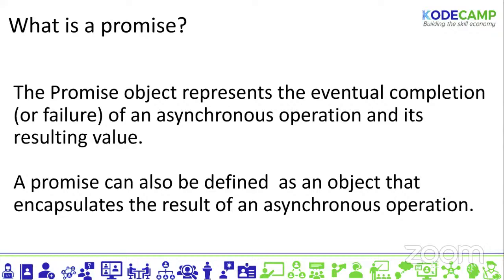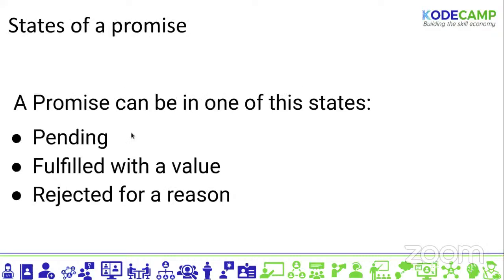Or if that promise didn't go well, then you can return the reason why that promise did not go well. So it's either the promise completes or the promise fails. If it completes, you send back the result of that completion. If there's a failure, you will tell why that promise is failing.